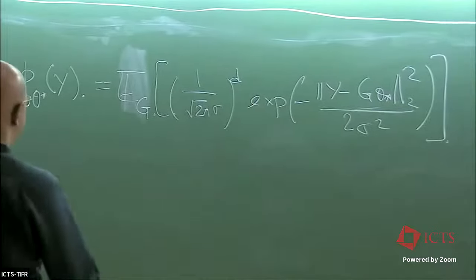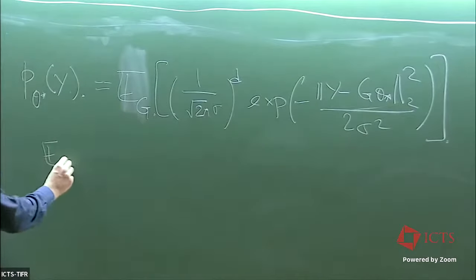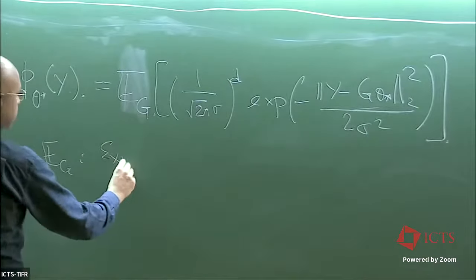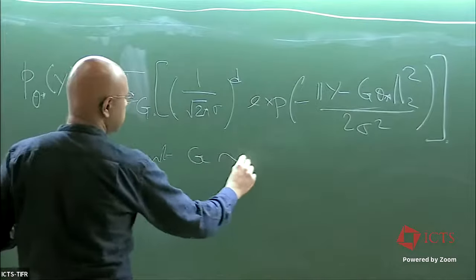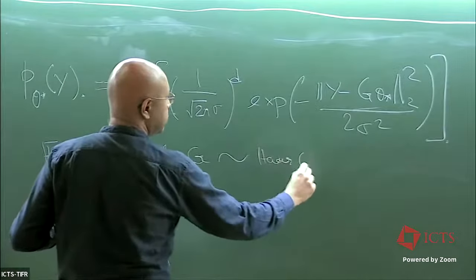E_g is always the expectation with respect to g following the Haar measure.